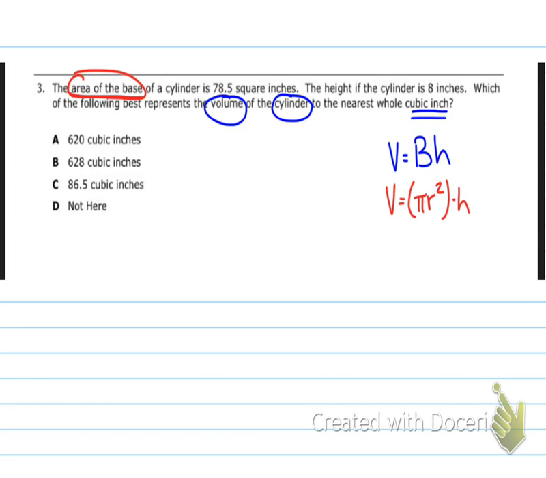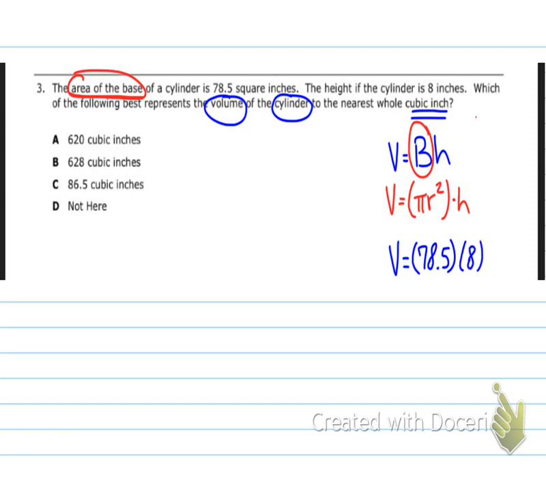The reason I want to focus on that is because my original formula is volume equals area of the base times the height. So when I go work this, I don't have to actually go do pi r squared. I already know the area of the base. It's 78.5. It says it there. And then my height is simply just 8, and that's all I got to do.